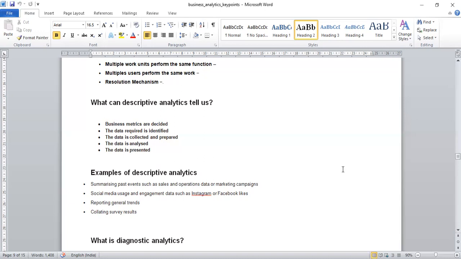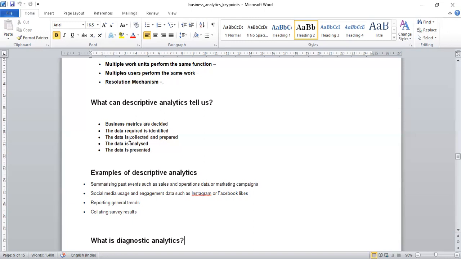So what it tells is that business metrics are decided. Metrics means whether you are taking mean, median, mode, quartile, percentile, whatever metrics you are using to quantify the characteristics, that is termed as business metrics.